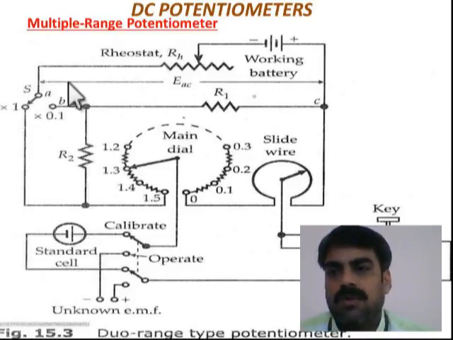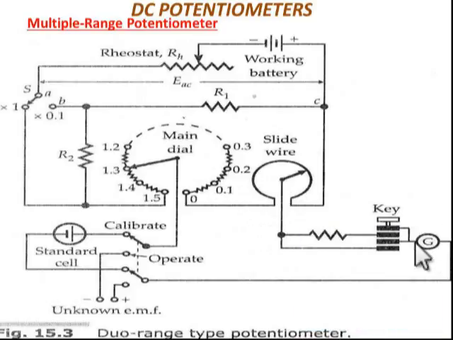And here the potential across the points A and C is shown as potential EAC, and we are trying to match this with the potential across the main dial and slide wire. And other components are the same as the basic arrangement. Here also we have a key, protective resistance, galvanometer, and calibrate and operate modes.